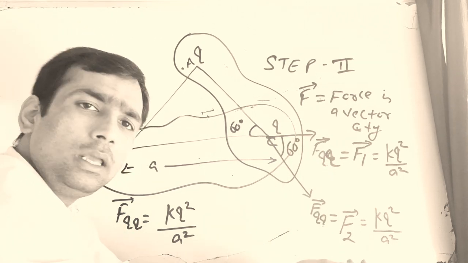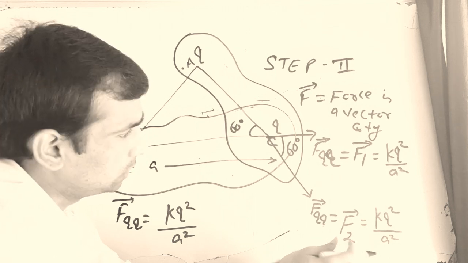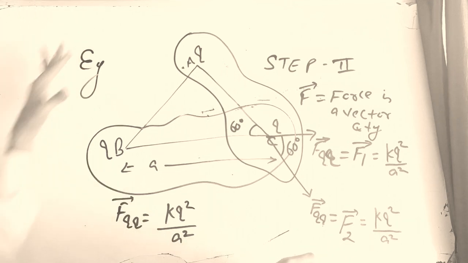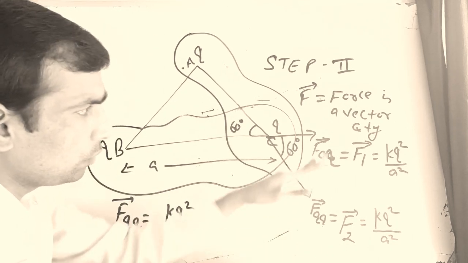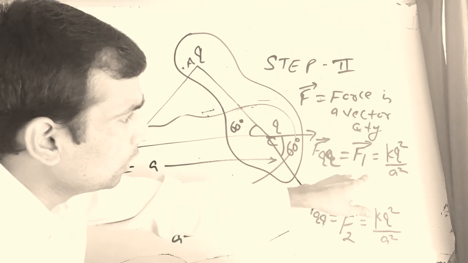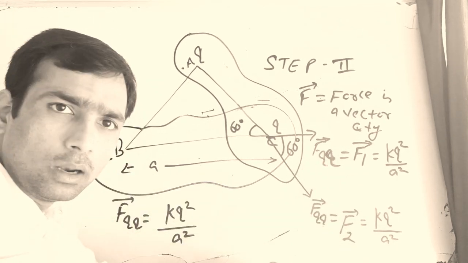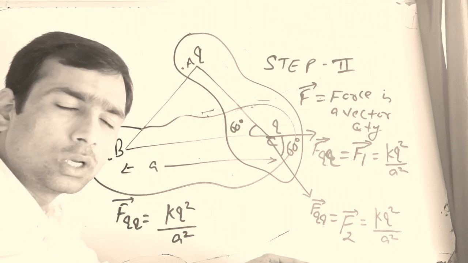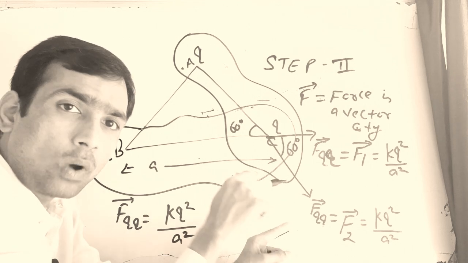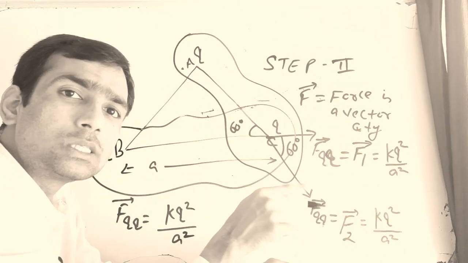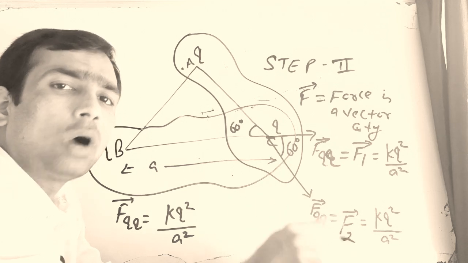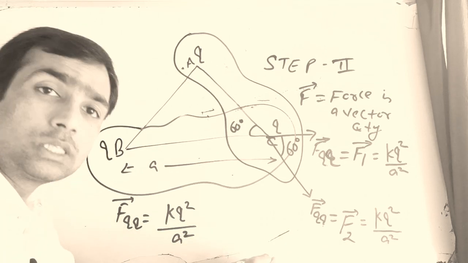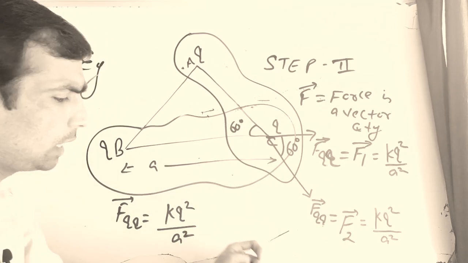So now you can apply the vector law of addition to find the value of these forces. So take a screenshot of all these things. We need only the magnitudes of forces F1, F2 and the angle, because I am going to apply the vector law of addition. So what is the formula for the vector law of addition? For the resultant vector: square root of a square plus b square plus 2ab cos theta. This is the formula I'm going to apply. I hope all of you have taken a screenshot. Otherwise you can pause the video and note down along with me.